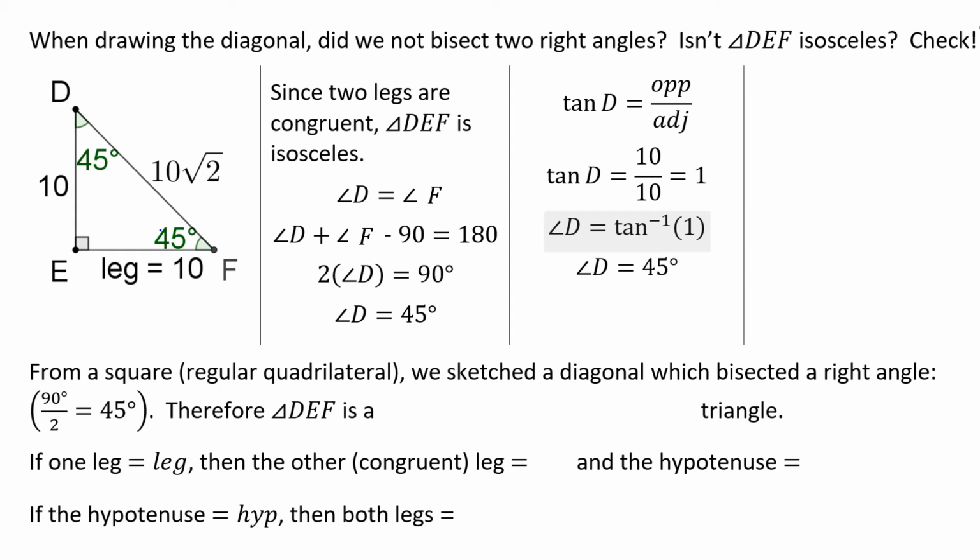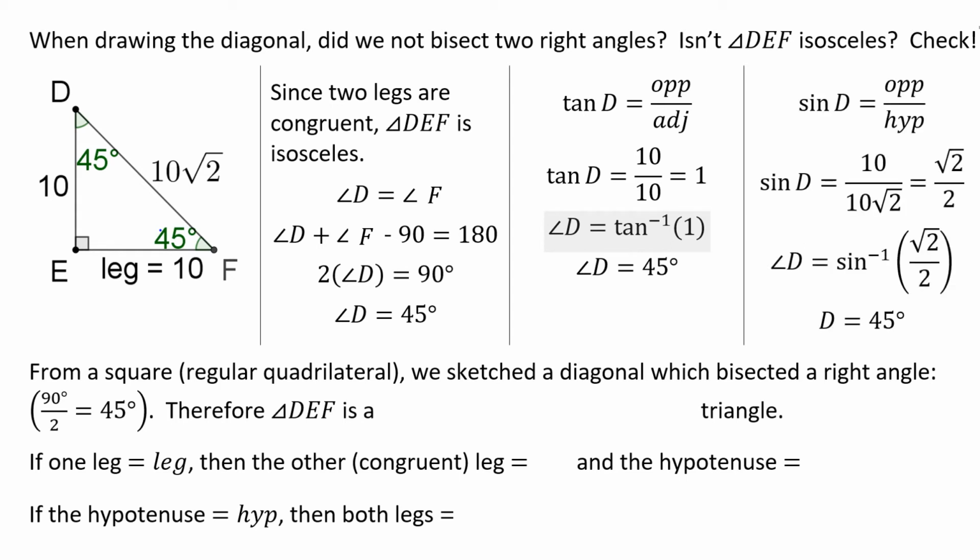45 degrees. Or, if you want to do something alternatively, you could say, what about the sine of D? The opposite over the hypotenuse would be 10 over 10 radical 2. And notice that the 10s cancel out. So the sine of D is radical 2 over 2 if we rationalize the denominator.